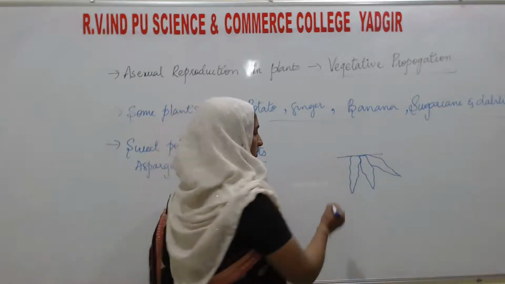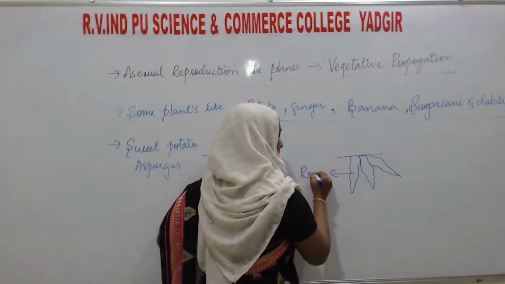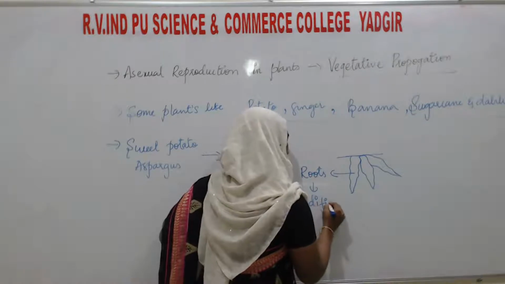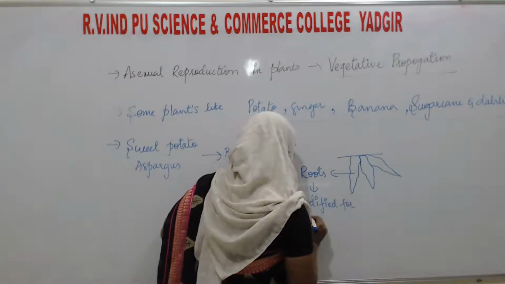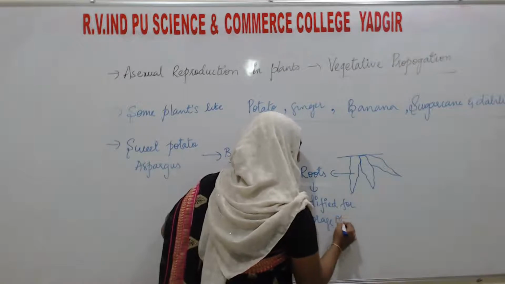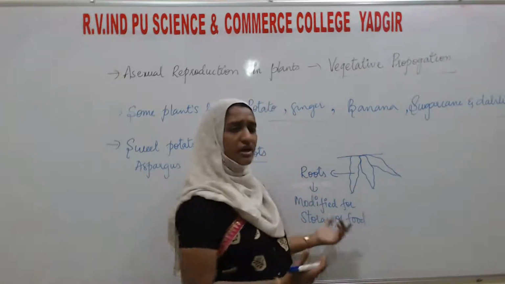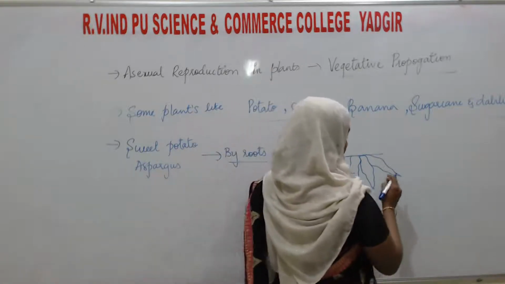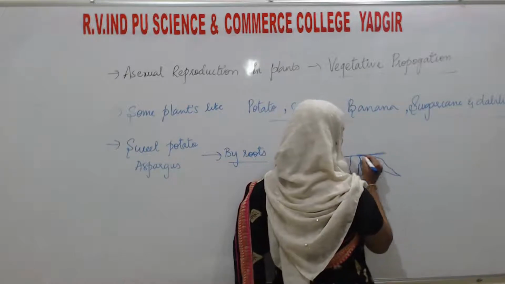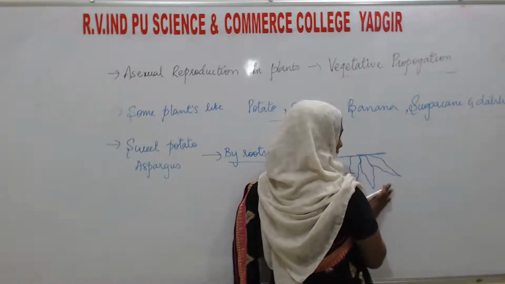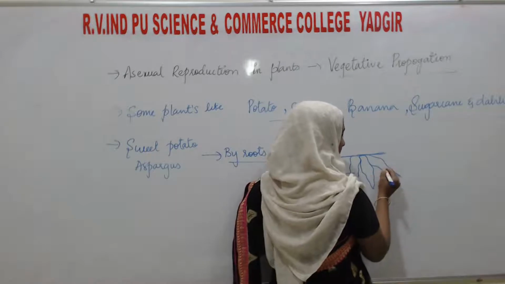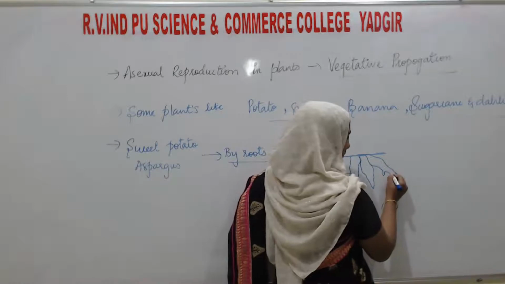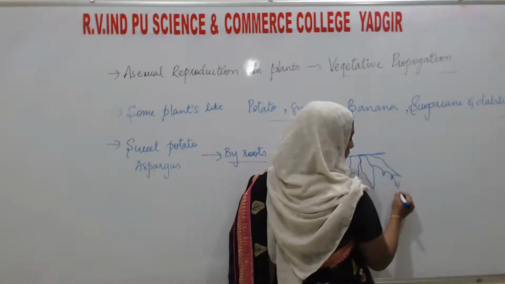Here, these roots are modified for storage of food, and they bear adventitious buds. Some buds will be there. For example, this is a root, the sweet potato. Here there will be some adventitious roots like this.